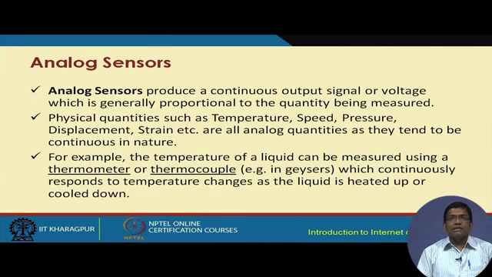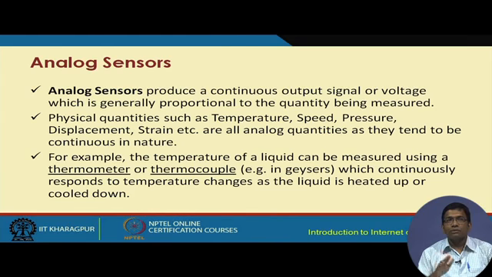Analog sensor, I already mentioned analog sensors. Temperature sensor: temperature is typically measured with the help of a thermometer or thermocouple. Thermometers are quite common, but the thermocouple is something that is used in geysers, for example. So you have two different metallic strips, for instance, and in the thermocouple they can bend.